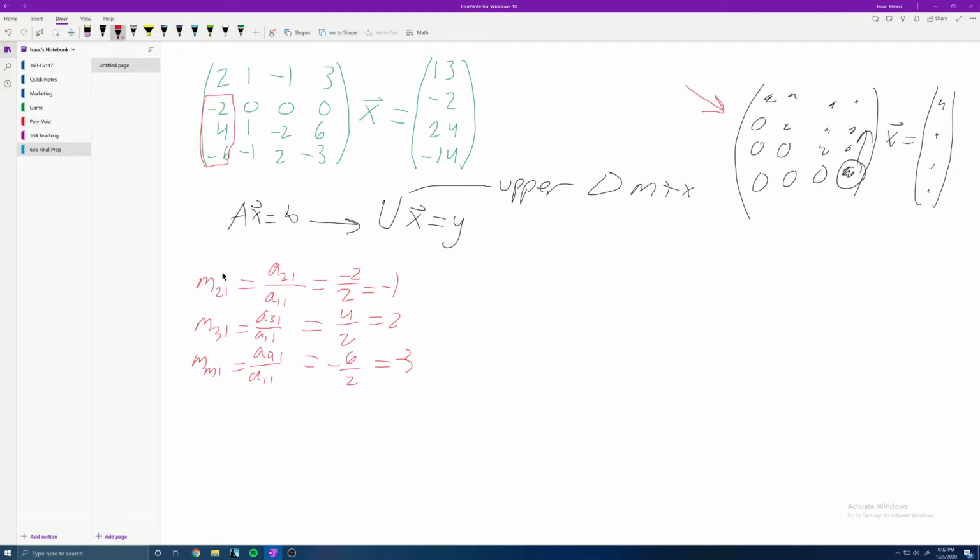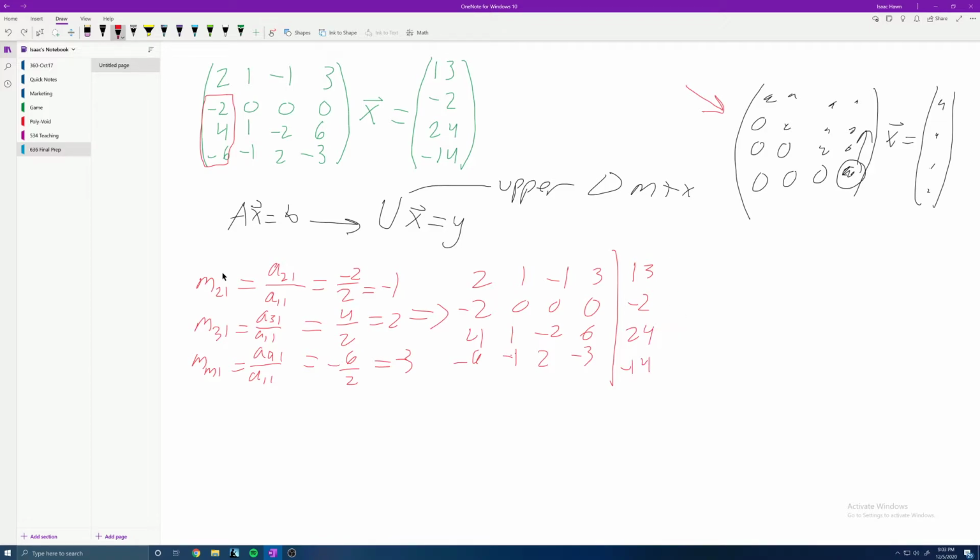So what we do now is we take that matrix, that 2, 1, -1, 3, -2, 0, 0, 0, 4, 1, -2, 6, -6, -1, 2, -3, and we put in the b's here because we have to change those as well to get this: 13, -2, 24, -14.